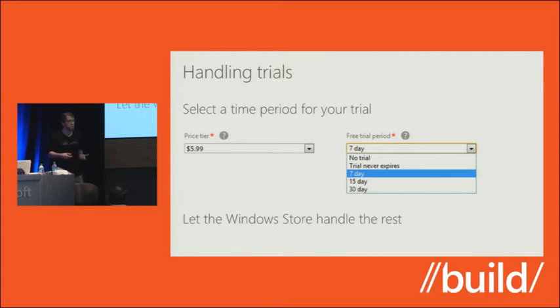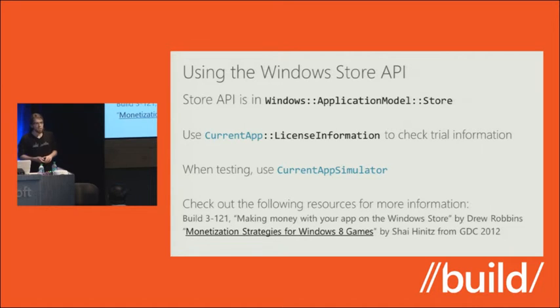In fact, there's a blog by the Windows Phone people who have had this trial thing in place for some time, and it increases your revenue quite a bit. So let us handle that. But if you want to have a feature-differentiated demo trial, you can also have some features be bought in your app using this API.